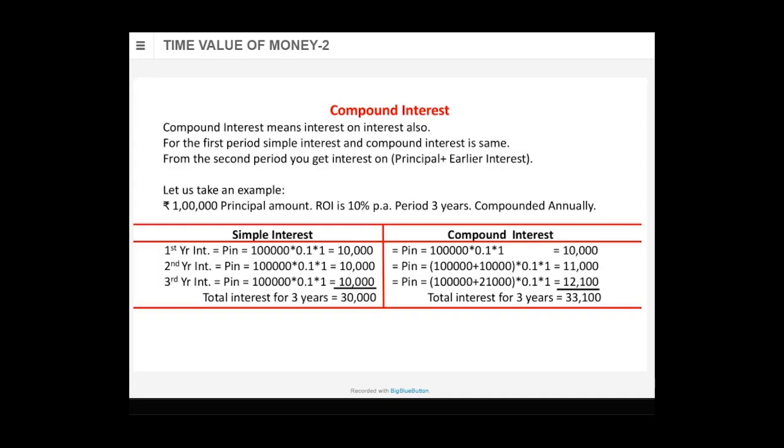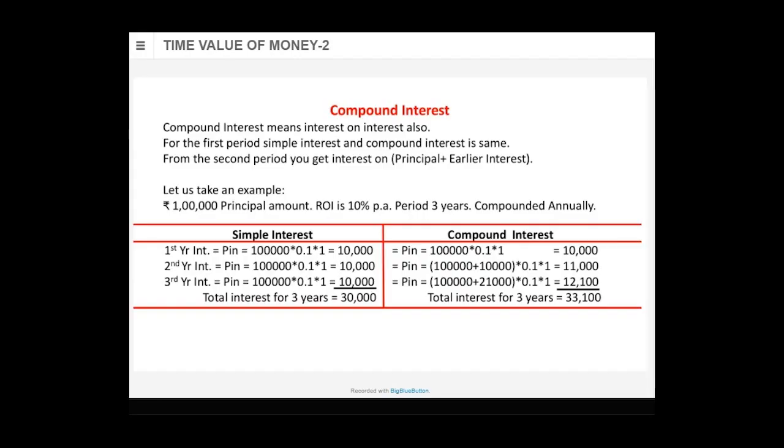I'm calculating the first year's interest. Principal will be the same. It is 1 lakh into rate of interest 10%. 10% in point form is 0.1, into 1. And it should be PIT, not PIN. N is number of years. Okay, fine. But your study material is saying T, so it should be PIT.